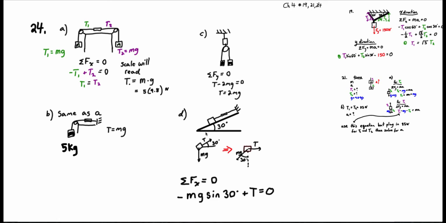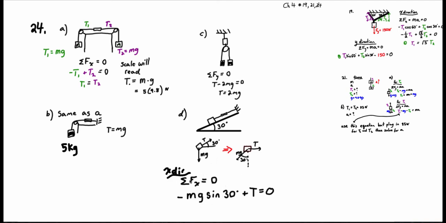But if I have this scenario where T is at an angle, well, I can shift the whole thing. And so I'm going to shift it down 30 degrees. And if I shift that down, that shifts this over 30 degrees. And by doing that, now T is all in the x direction. So I only have to worry about the x direction here. So this is just the x direction.